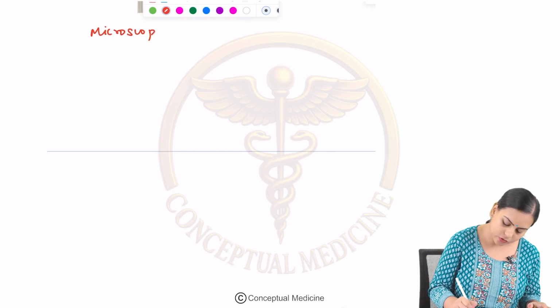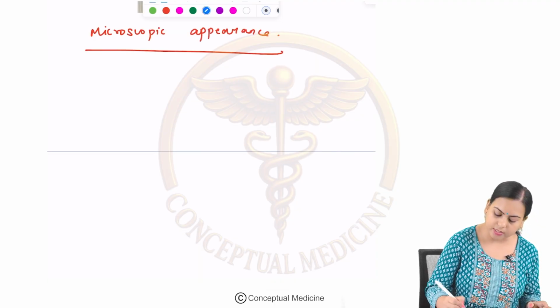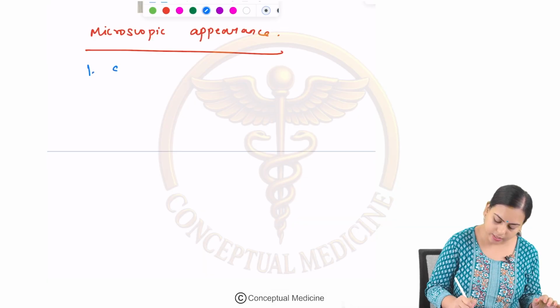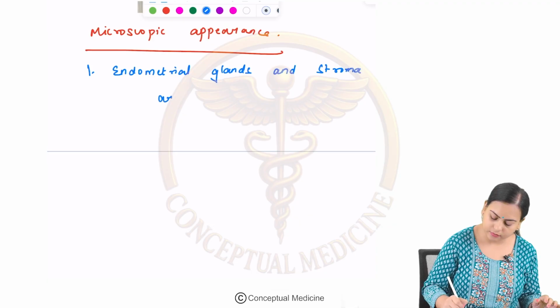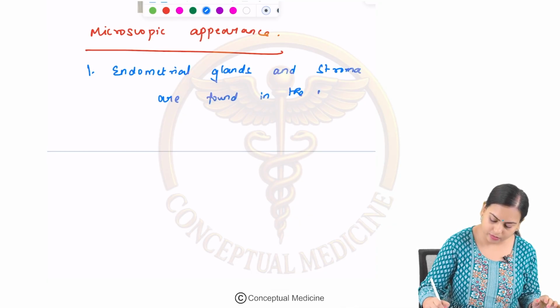When you see the microscopic appearance, definitely the endometrial glands and stroma are found in the myometrium.